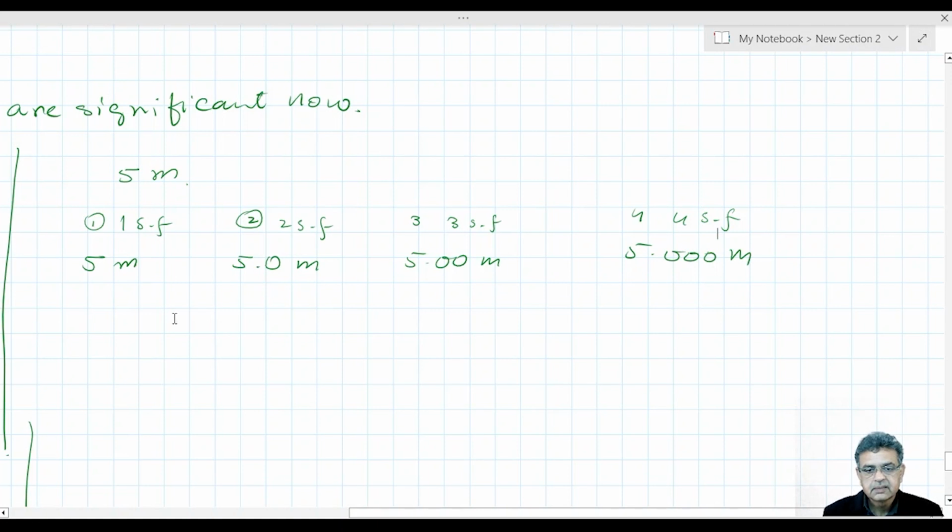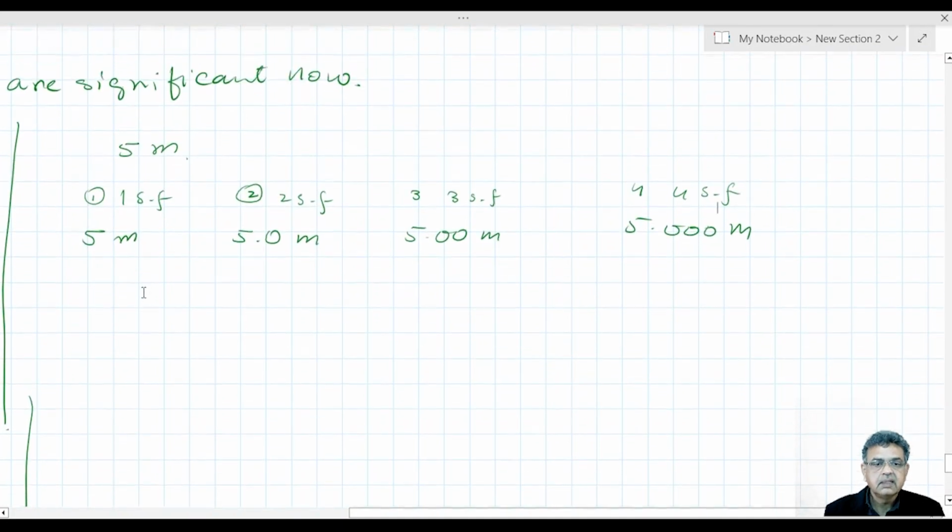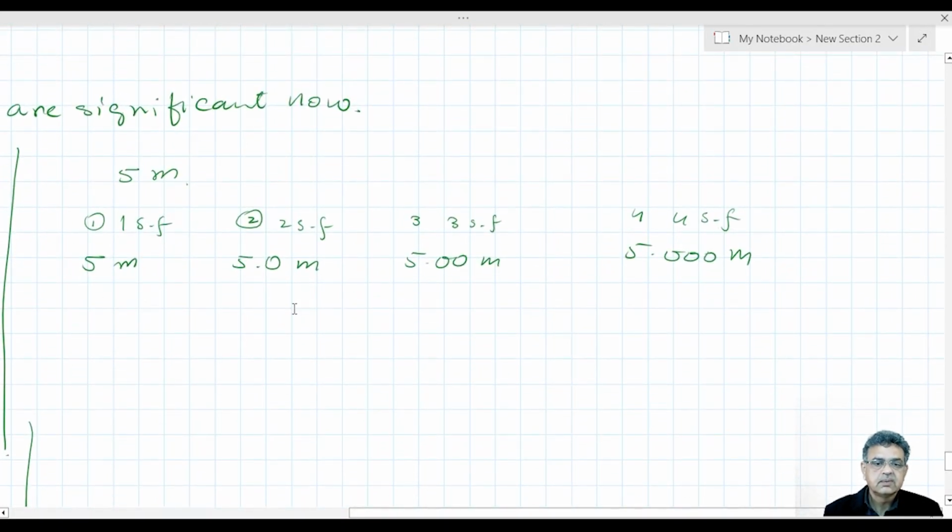What difference does it make if we write in these different ways? Actually, this value 5 meters tells us the precision of that number, that is, what numbers are expected to be rounded off to 5.